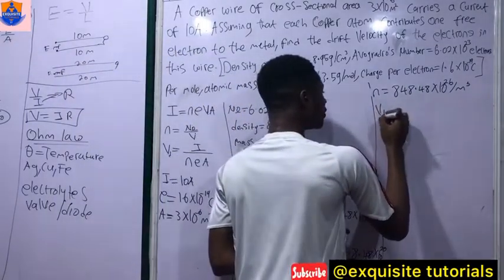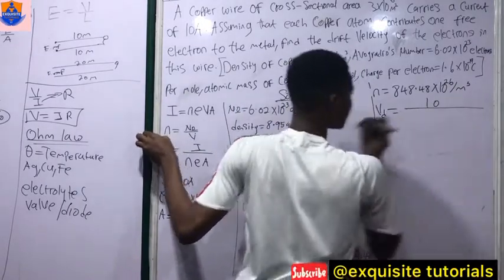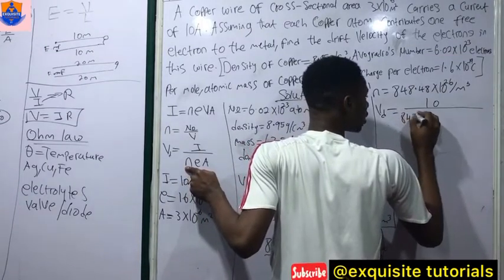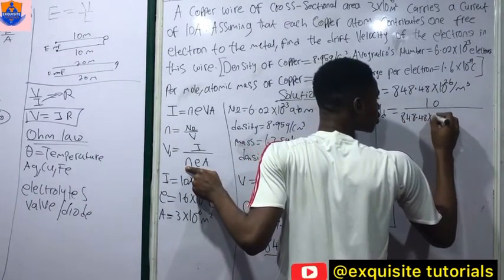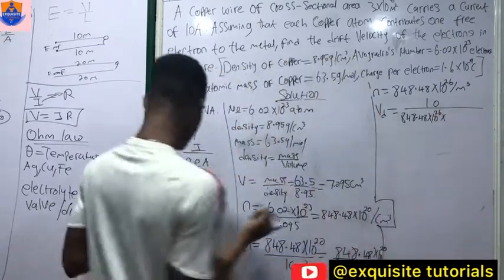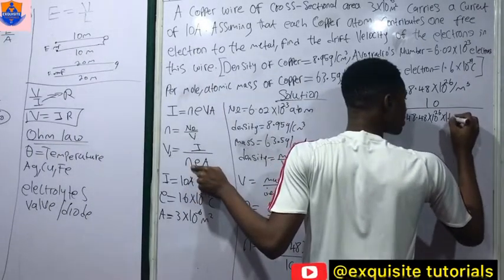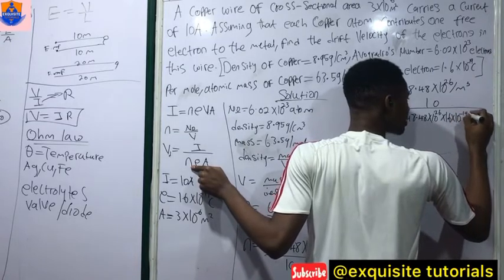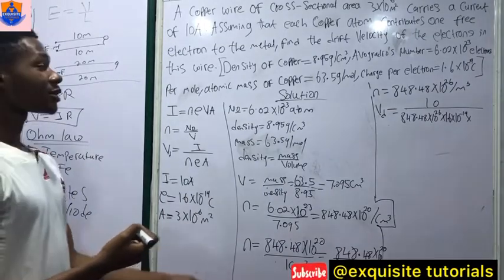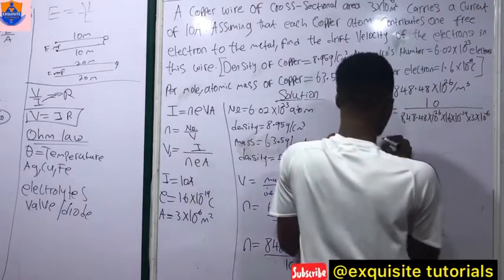So the drift velocity is equal to the current, which was given in the question as 10 amperes, divided by n, which we just solved for, 848.48 times 10 to the power of 26, times e, the charge of an electron, 1.6 times 10 to the power of minus 19, and then we multiply by the area. The area was given as 3 times 10 to the power of minus 6.